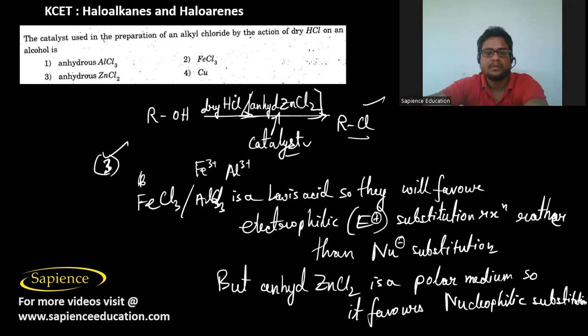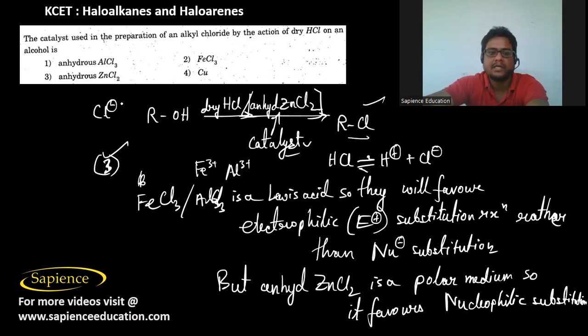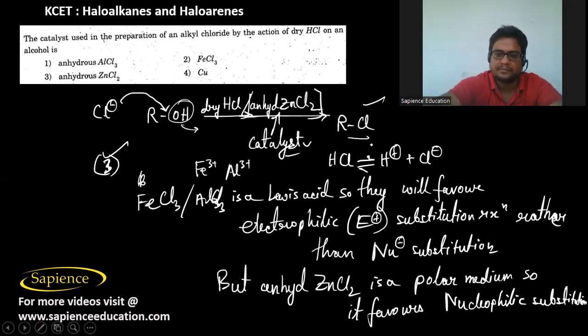If anhydrous zinc chloride is used, it will dissociate this HCl into H plus ion and Cl minus ion, and this Cl minus ion will attack here, and the OH minus ion will come out and it will form RCl.